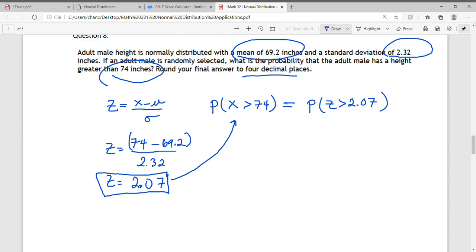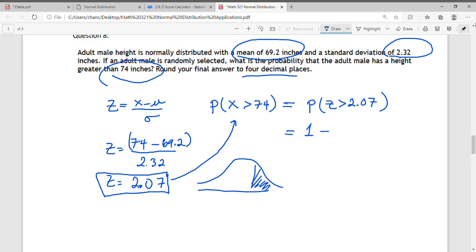From here, now I can use my z table and I can calculate the area to the right. Notice that this is the area to the right of 2.07. So I'm going to subtract from 1 to figure out what this area is.